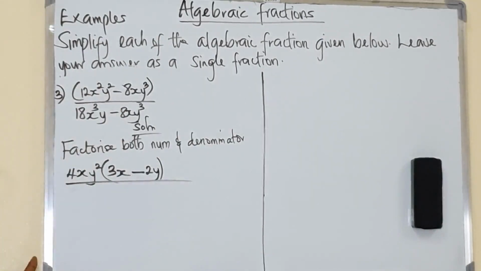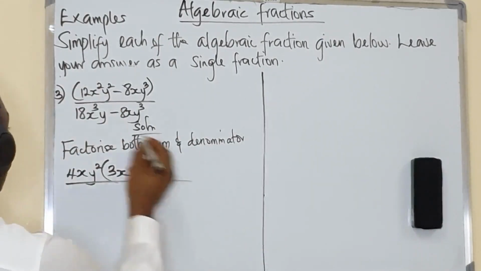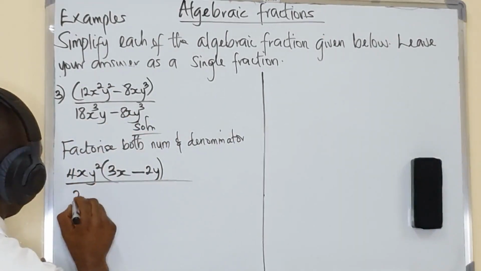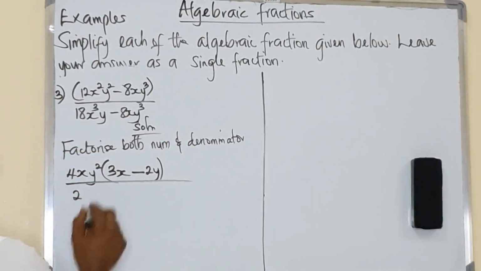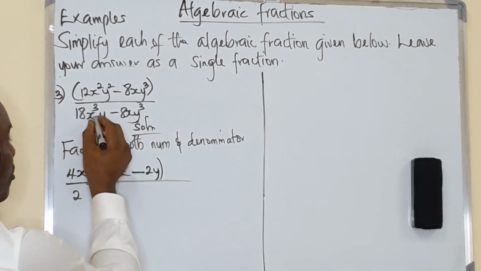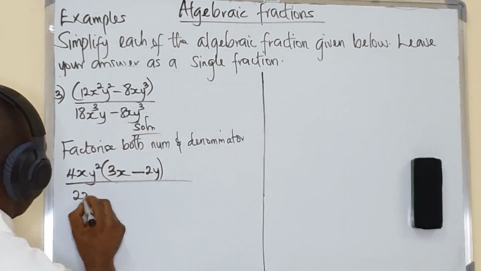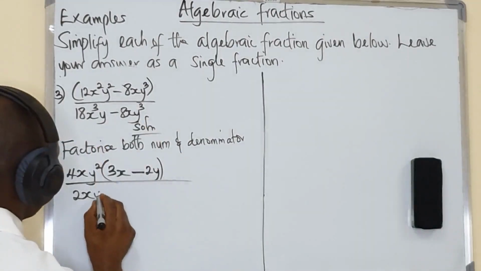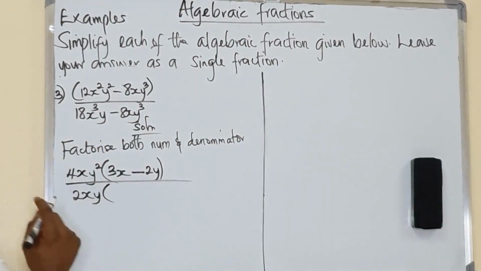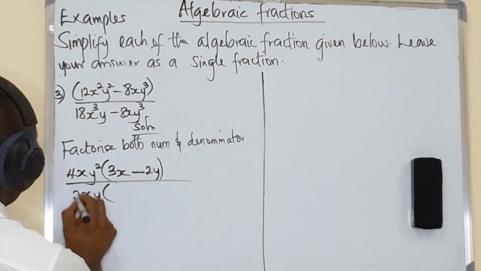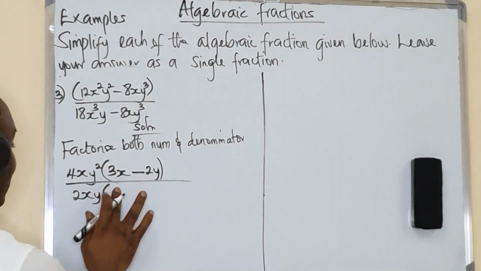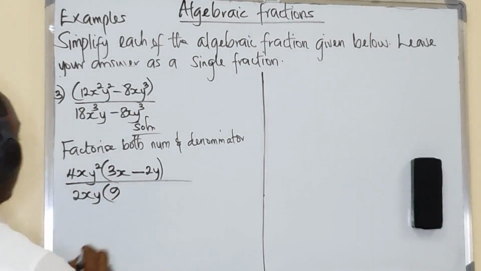Let's go to the denominator and do the same factorization. The highest common factor between 18 and 8 is the number 2. So, what is the highest common factor between x cubed and x? That is x. What about y and y cubed? That is y. This is our highest common factor for the denominator. So right now, to get 18, 2 has to multiply the number 9. Let me write that better. 9, okay?